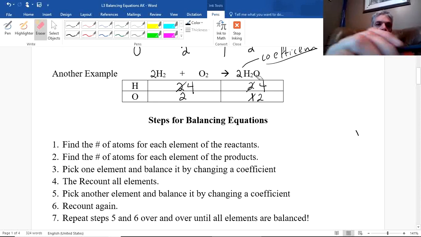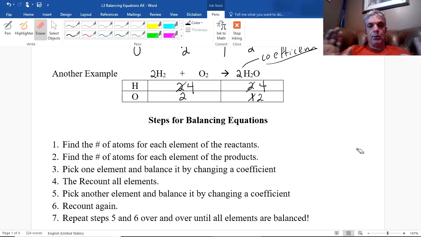Now, there's a series of steps, and lots of people like to get into doing this, and I get it, it makes sense, and some students really like this, but at the end of the day, I find practice makes a lot of sense. But here's the steps that you can follow to help you do it. Find the number of atoms of each element for the reactants, and then the products. Pick one element and balance it by changing the coefficient, the numbers out in front.